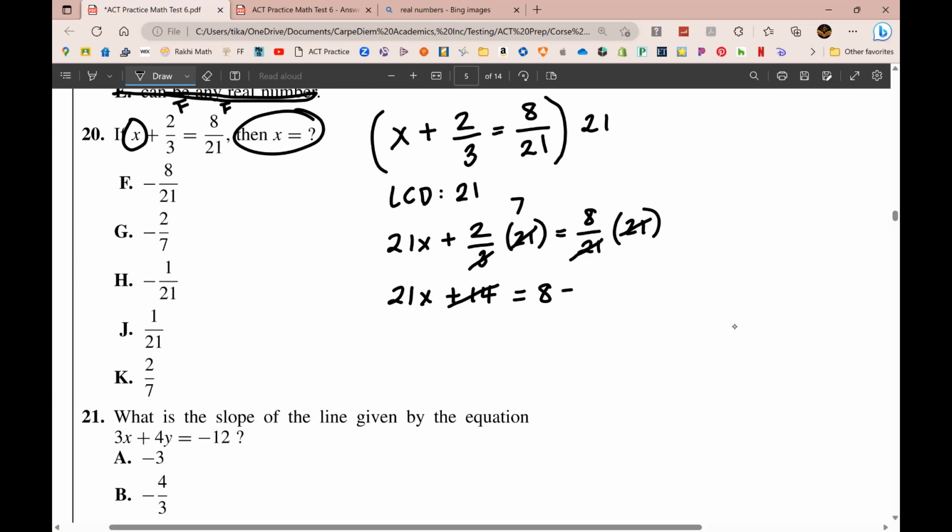I'm going to subtract the 14. 21x equals, what is that? 6. And then divide by 21 on both sides. So x equals negative 6 over 21, but we know we can divide by 3. So that's negative 2 over 7.